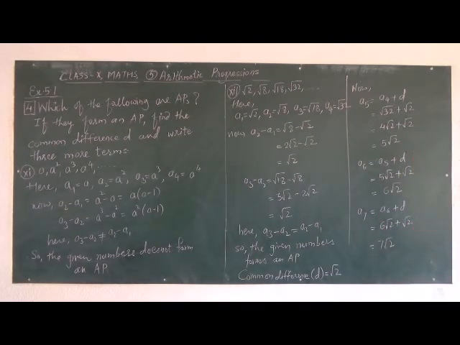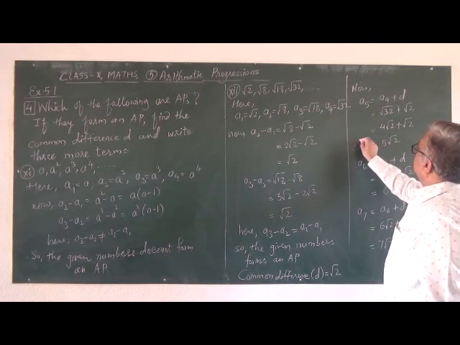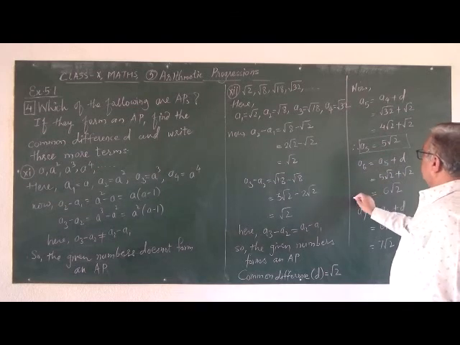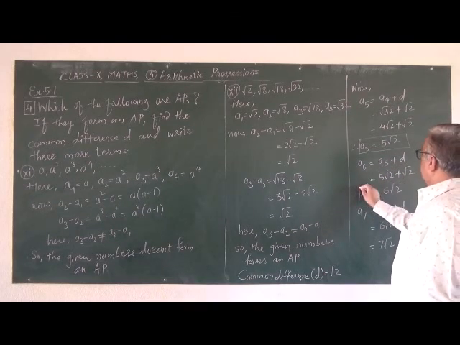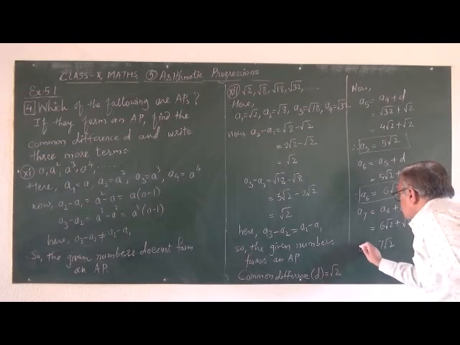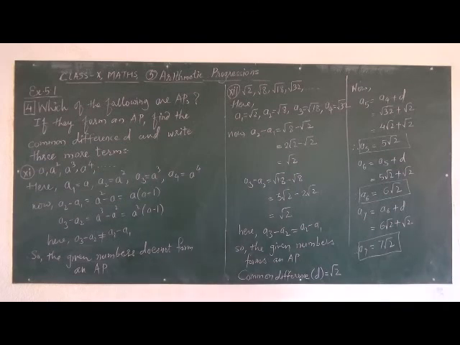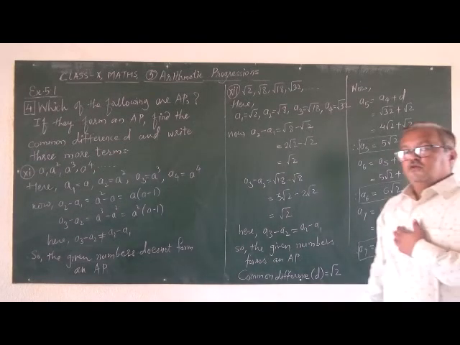So these are the required 3 terms. The 5th term is 5 root 2, the 6th term is 6 root 2, and the 7th term is 7 root 2. Hope you have understood this.